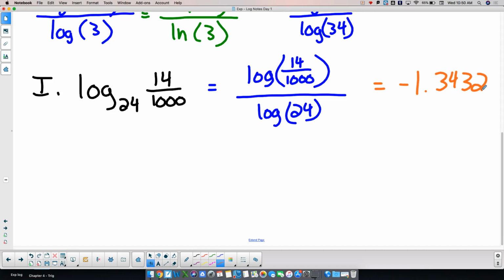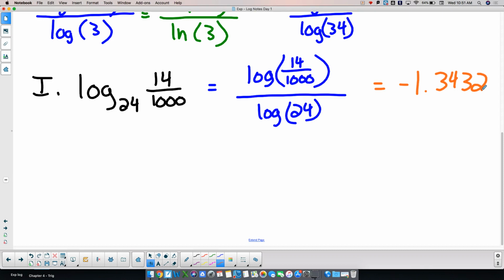The base has to be positive, right? Is 24 positive? Yep. So we met that one condition. What's the other thing that has to be positive? The argument is what we called that one. Is 14 over 1,000 positive? Yeah. So I've met my two conditions, right?